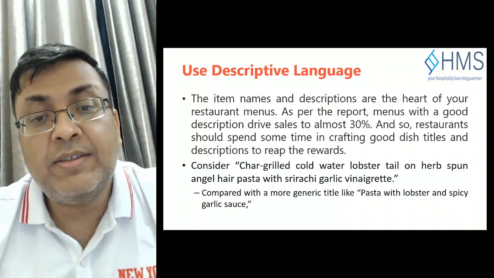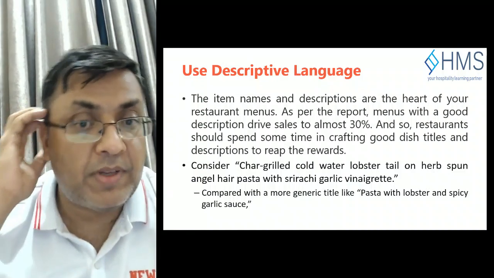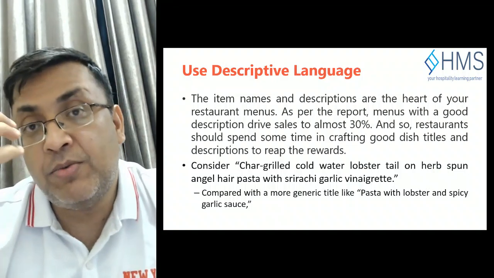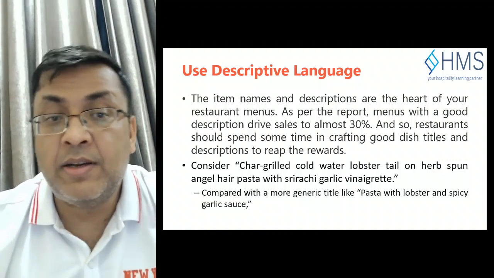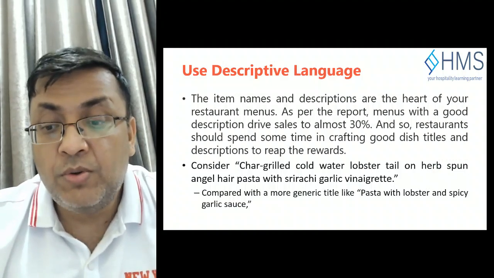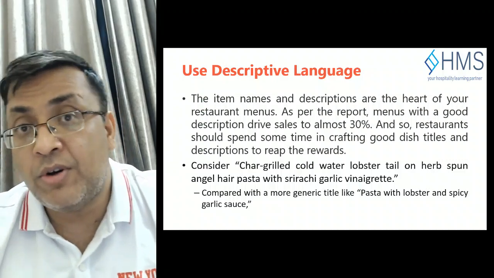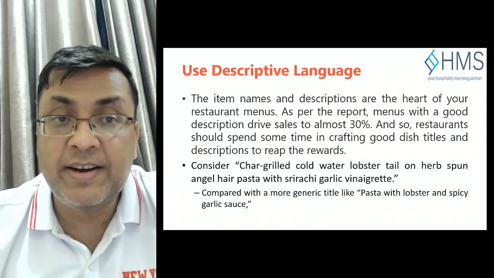Here is a different way of titling the menu, which makes it look more classic, more appetizing, more sensory. So you need to do a bit of research on how you can title your dishes in a more intriguing manner.